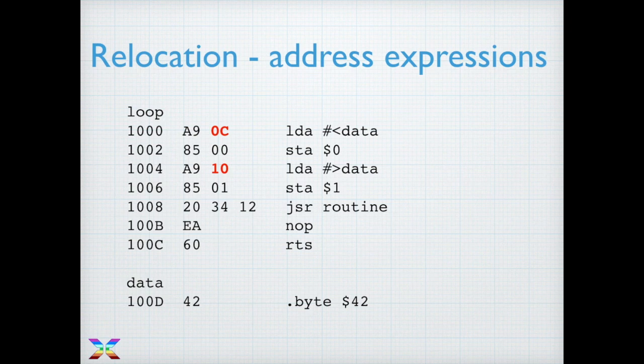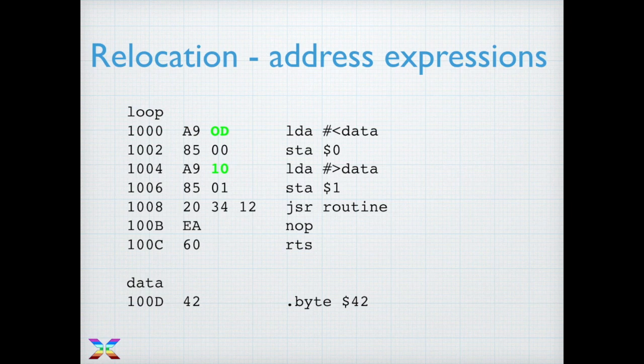Instead of being 1000C, it's now 1000D, and you can see these red digits are no longer correct and they're invalid. And of course, what needs to happen is that the runtime system needs to patch it so that it's pointing to the correct data.